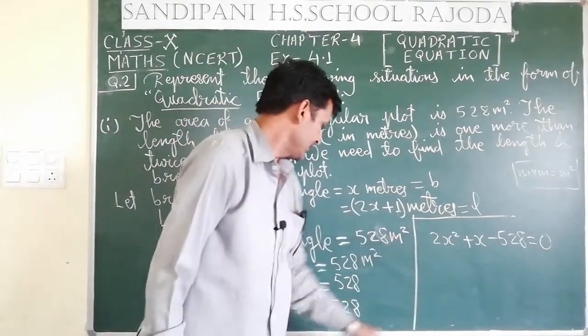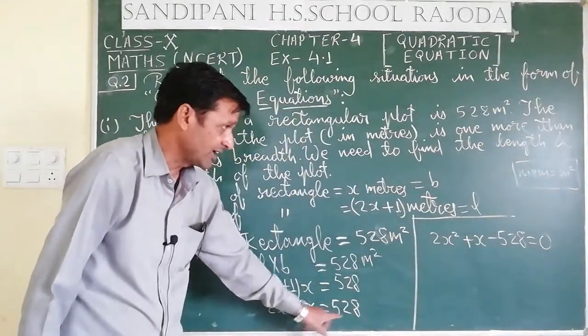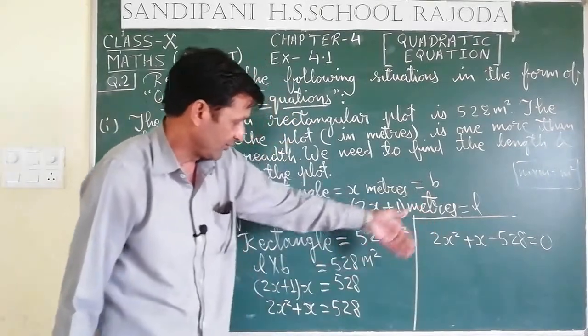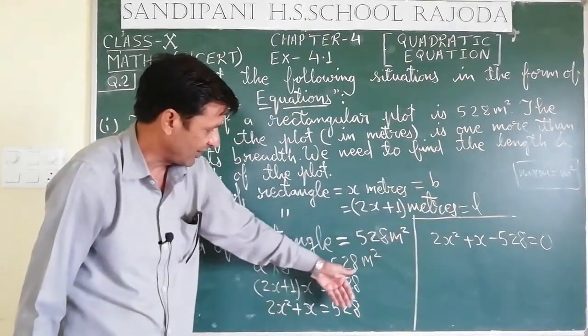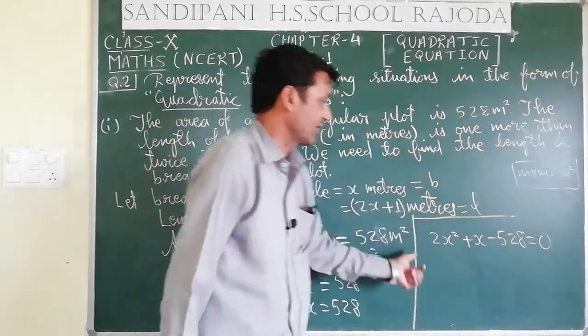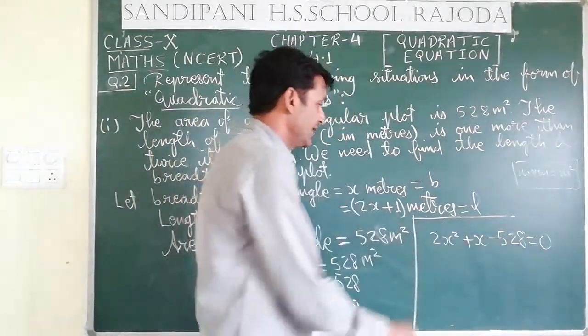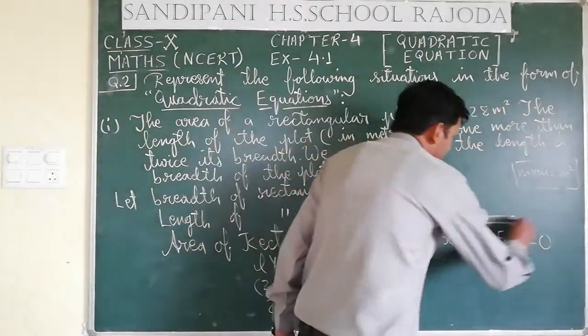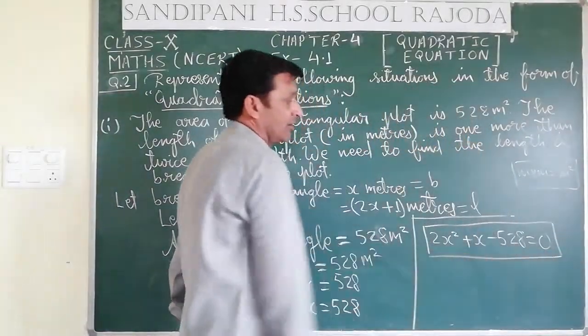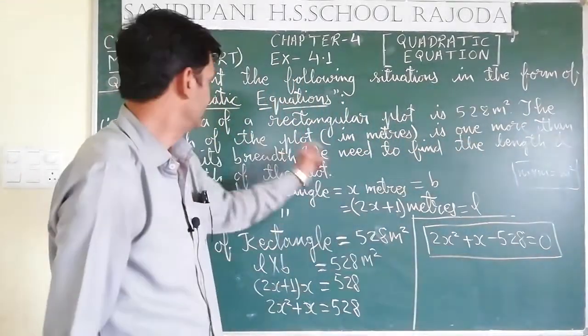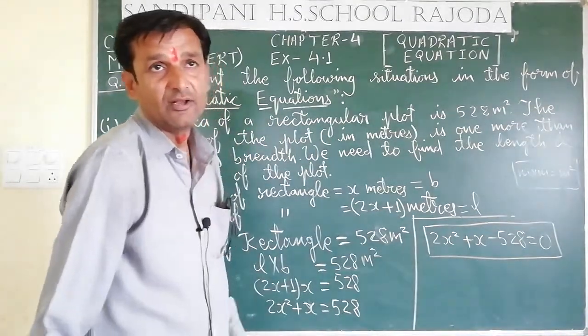So here it is with positive sign, so that's why on transposing we have minus 528 in the equation. So it will be 2x square plus x minus 528 is equal to 0. This is the quadratic equation for this question which is mentioned here.